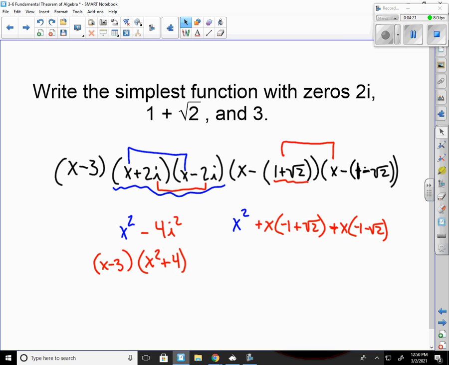And now the last part of this is where I have to really think about it. And that's where I'm taking this term times this term.